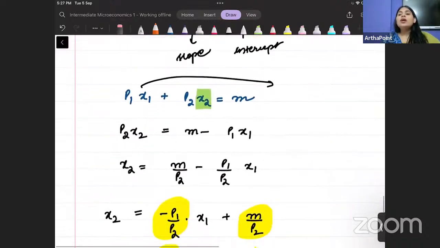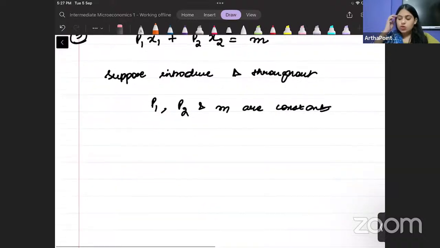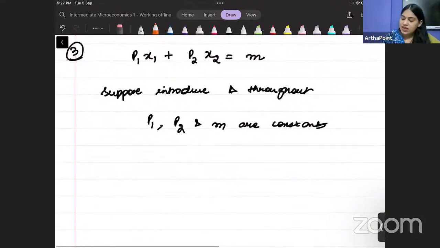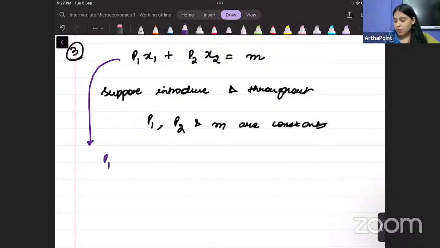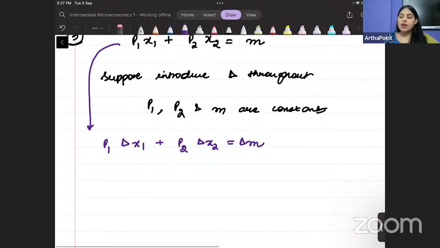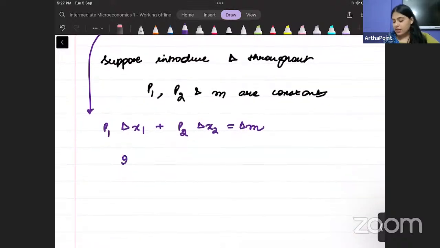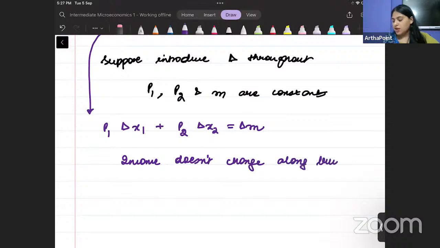So now what I can do, if I want to show this thing through this equation, how can I write this? I can just bring change and I can say P1 change in X1 plus P2 change in X2 is equal to change in M. Now, what did I tell you? That income does not change along a budget line.